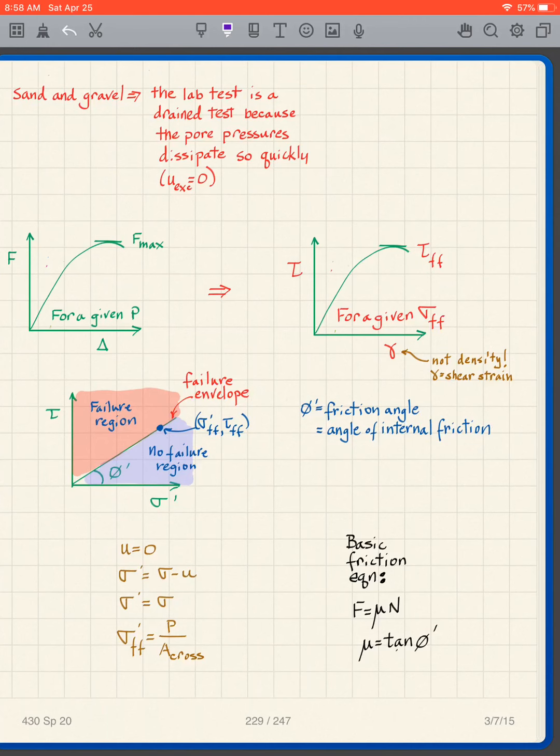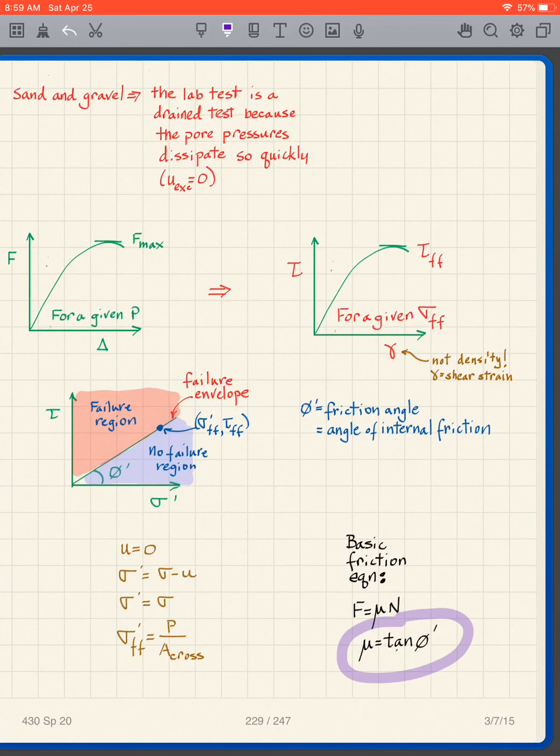Now, if you remember, our basic friction equation is what? F equals mu N. Well, in soils, the mu that we always talk about is the tangent of the friction angle.